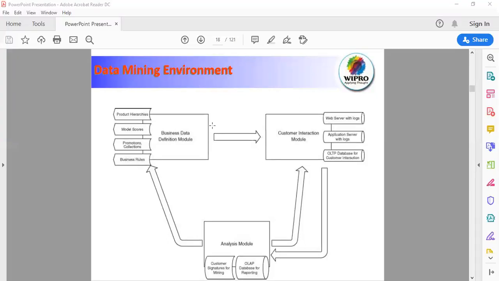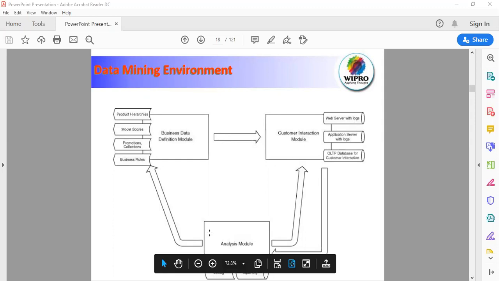So coming to the environment, we have a customer who asks us for something. There are some customer requirements for which a business module has been decided by a company, say, a business module and a customer module. There is something in between which is called the analysis module.